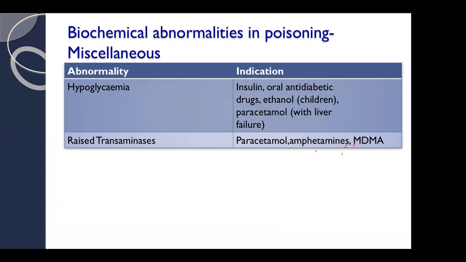Certain poisons like ethanol, inadvertent accidental ingestion, may place them at higher risk of hypoglycemia as compared to adults. Paracetamol poisoning is known to cause both a raise in transaminases as well as hypoglycemia, especially in those with pre-existing liver pathology or chronic liver diseases.